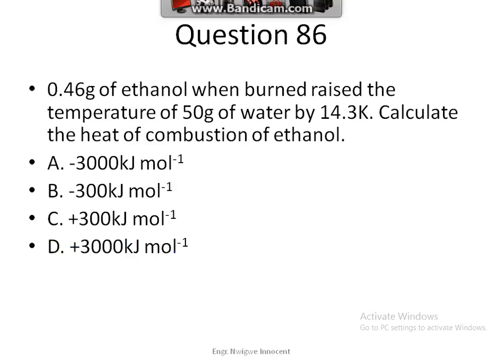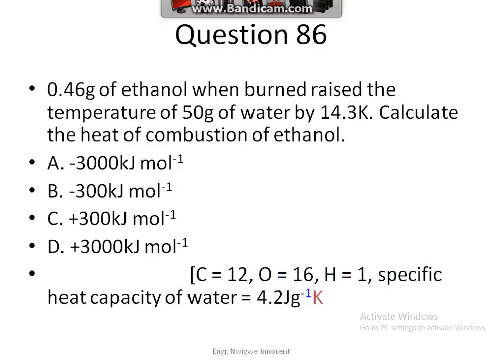D. 3000 kJ per mole. Given that carbon is 12, oxygen is 16, hydrogen is 1, and the specific heat capacity of water is 4.2 joule per gram per Kelvin.